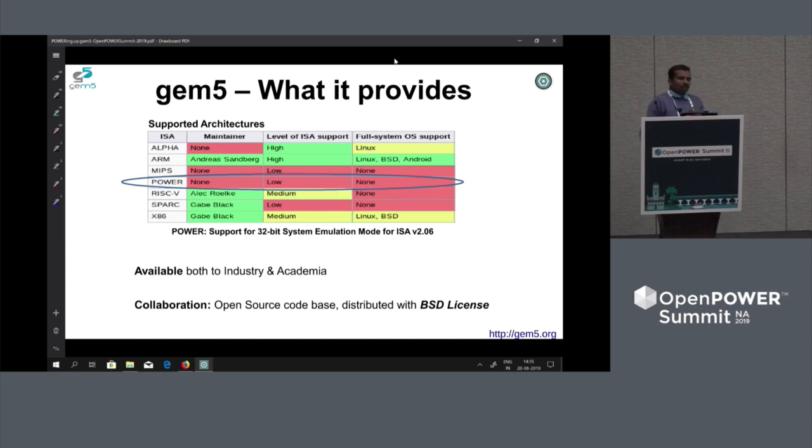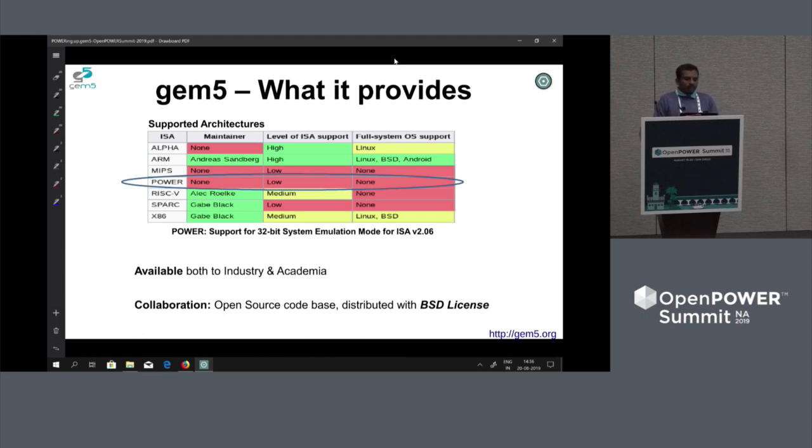For example, ARM has strong continuous support. RISC-V is gathering a lot of momentum, whereas POWER and x86 also enable full system simulation. Importantly, ARM and x86, and what is not shown here is AMD. The AMD models are also mature and can also run full system simulation.